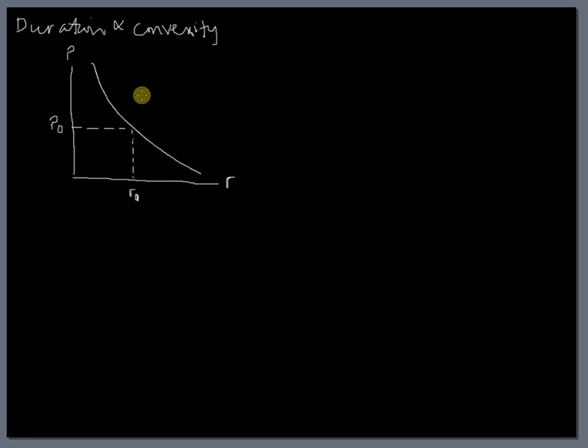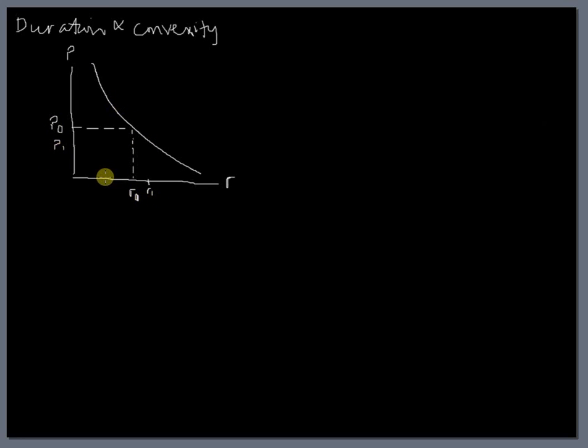Let's assume that the yield moves to here, R1. From the graph, it's clear that we will experience a loss. The price will drop to P1. So this is a loss that we experience when the yield increases to R1.